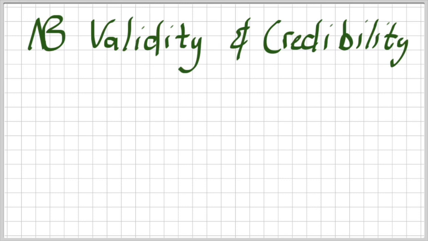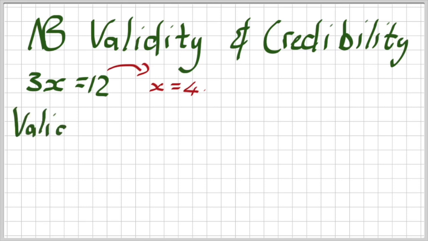We don't spend a lot of time on it, but in grade 10, 11, 12, that is very, very, very important. So let's look at my sum. 3 times x equal to 12, and we got x to be 4. Whether you used inspection, guessing, or whether you use algebra, inverse operations, we got x to be 4. First of all, validity.